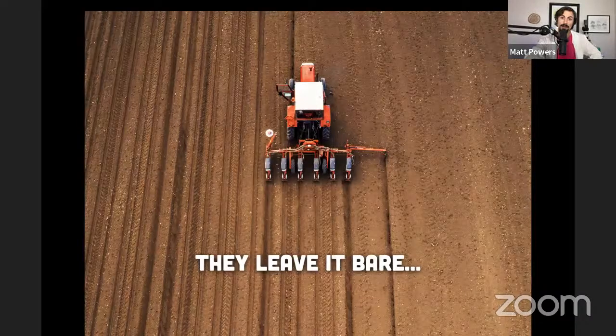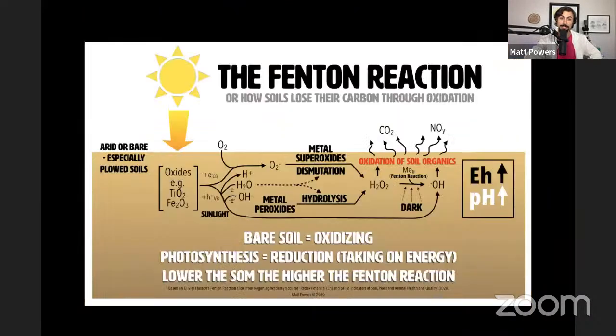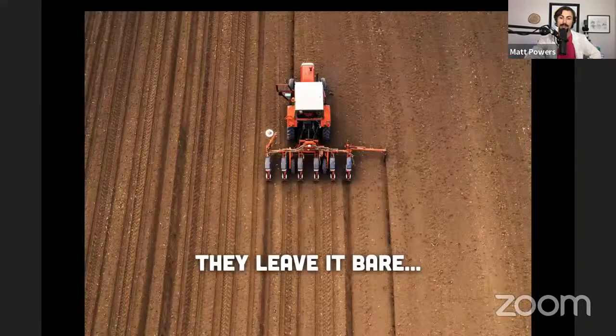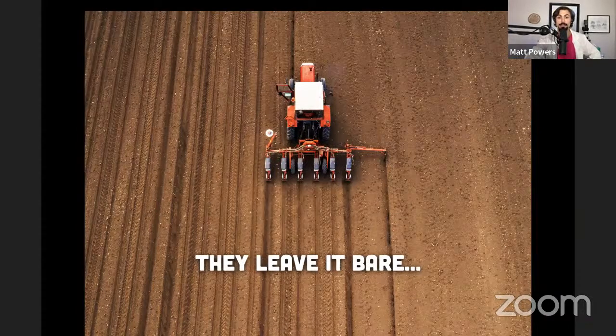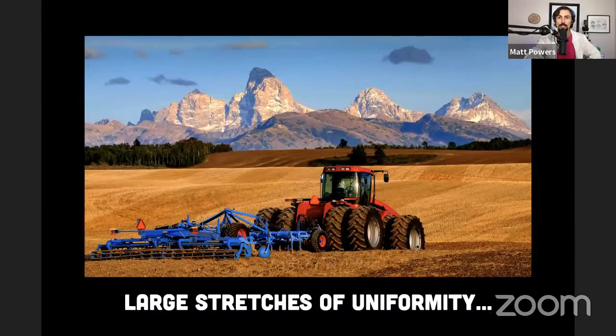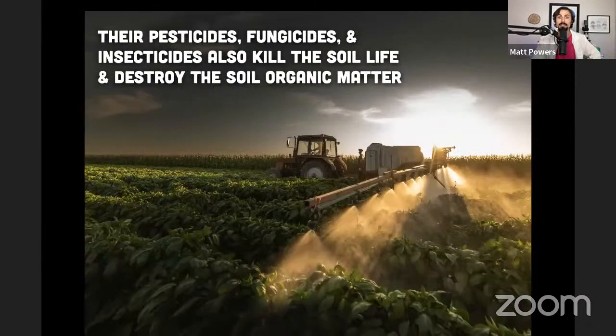Then they leave it bare, which is what this is. If you leave it bare, the Fenton reaction happens. So tilling it and then leaving it bare is just like a one-two punch, and then it's knockout. And then they do it across the landscape. It's a monoculture of disaster. And then they use pesticides, fungicides, and insecticides to kill everything down to the microbes.